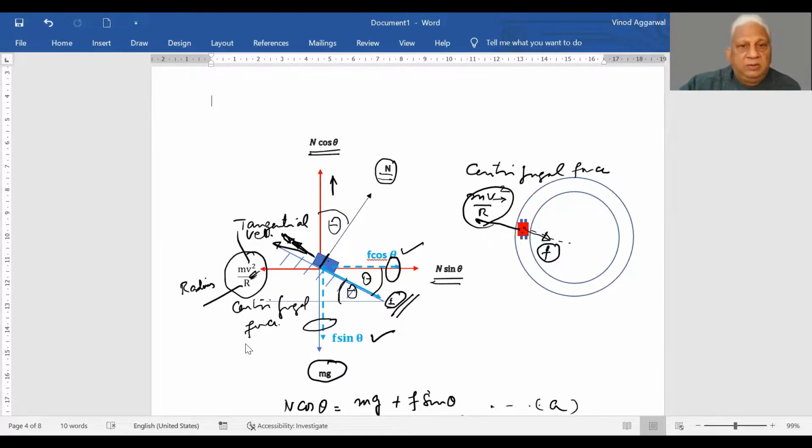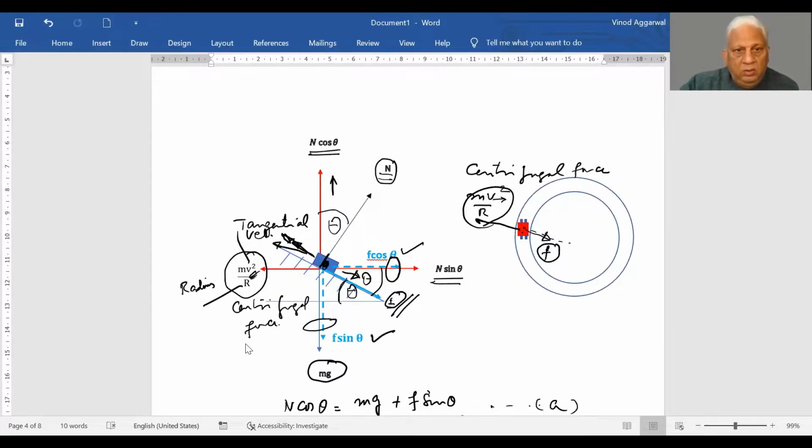Now take another situation. Let us say, for example, this car comes to a rest. What may happen? If the frictional force is too low, it can start skidding down on its own.